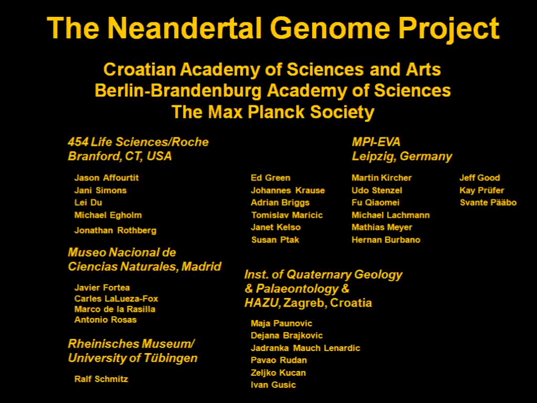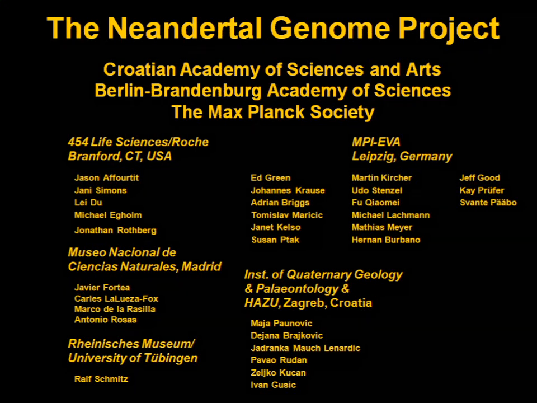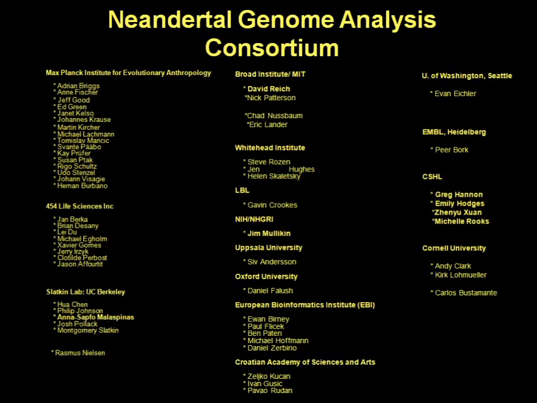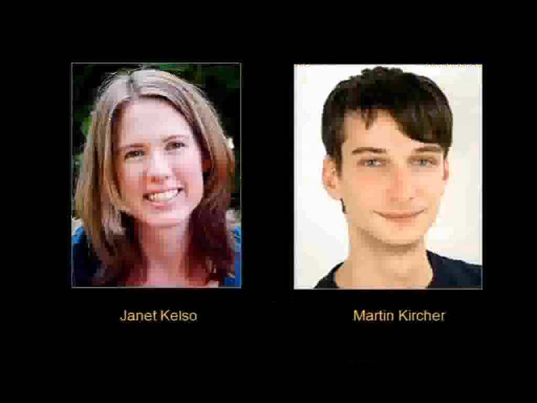I should say that this is a big project, involving very many groups. It started as a very young collaboration with 454 Life Sciences. I should mention particularly the team that excavates in Spain and where we get samples. This has involved even more people. I just want to stress that here at the meeting, Janet Kelso and Martin Kircher are absolutely crucial for the bioinformatic analysis of these genomes.